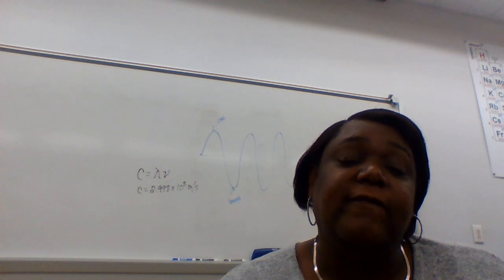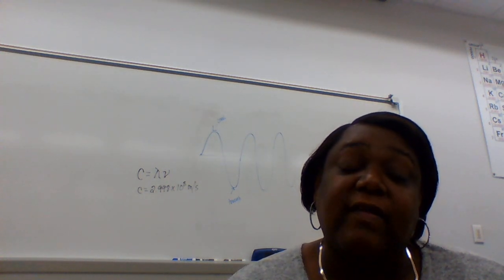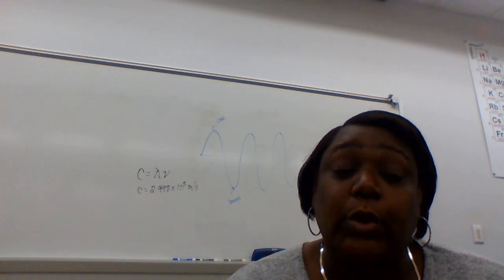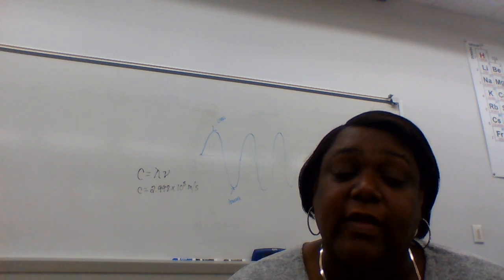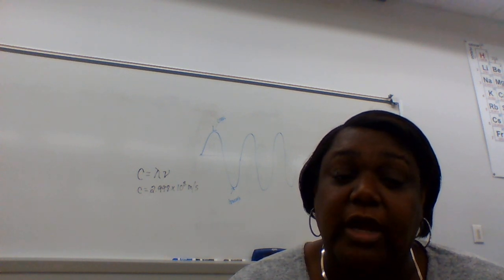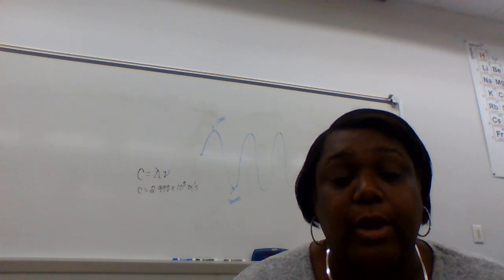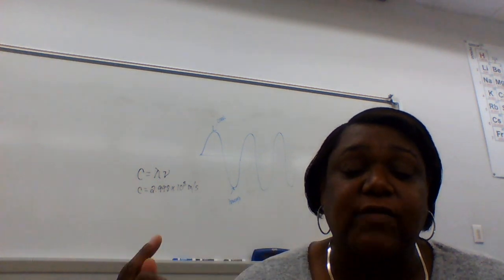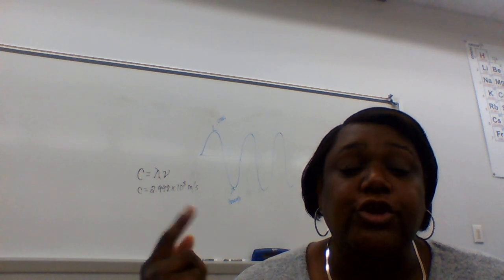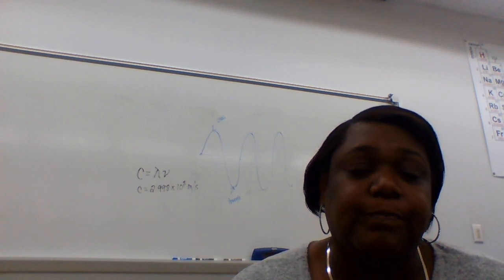Now, most of these wavelengths will be given in scientific notation, so you really need to be aware of how to enter scientific notation on your calculator. If you have a question about how to do that, please reach out to me and let me know. But again, if I give you wavelength or frequency, you should be able to find the other one.